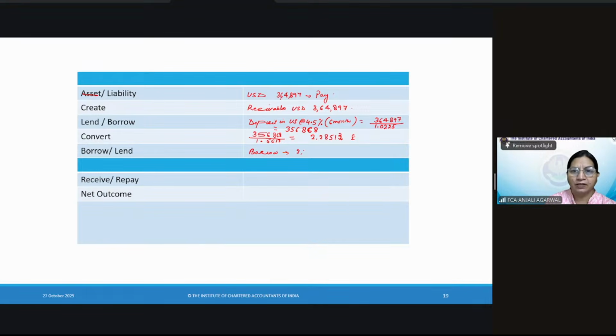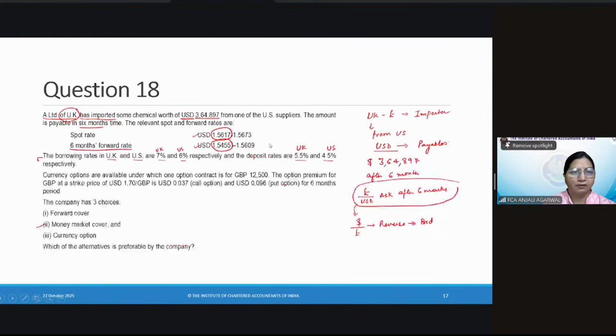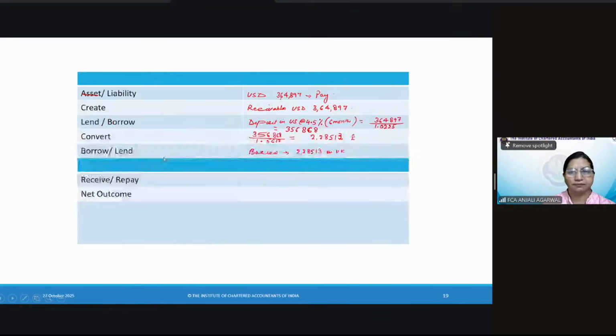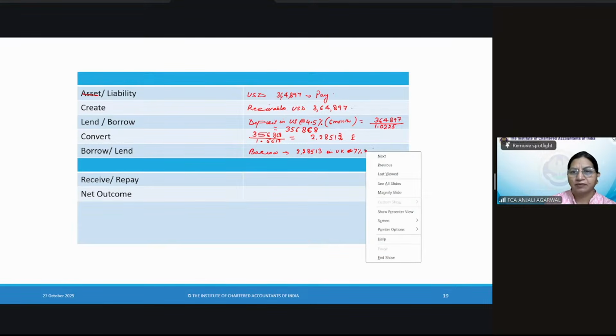So we'll borrow 2,28,513 pounds in UK. And what is the borrowing rate in UK? Borrowing rate in UK is 7%. But we are not going to borrow for a year. We're going to borrow for 6 months. Okay? 7% per annum, I would write.